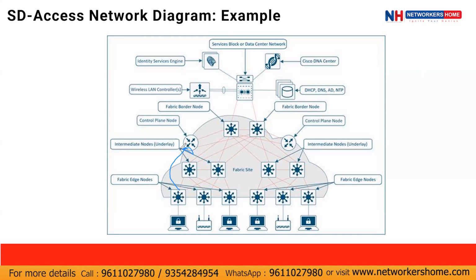The control plane node checks in its host database whether the destination which host 1 is trying to reach is present in its database or not. If it is present, it will give the IP address of that edge node, after which the edge node will form a direct tunnel. If not, then it is left out with the border.